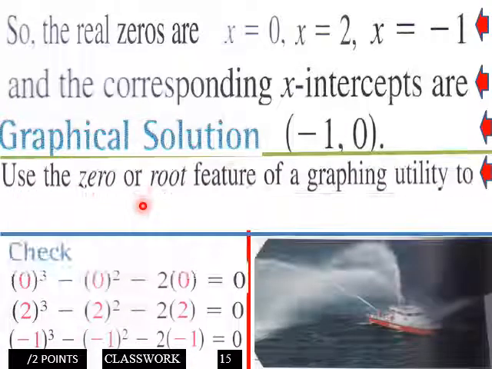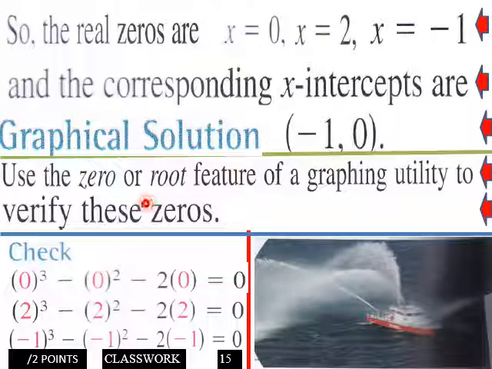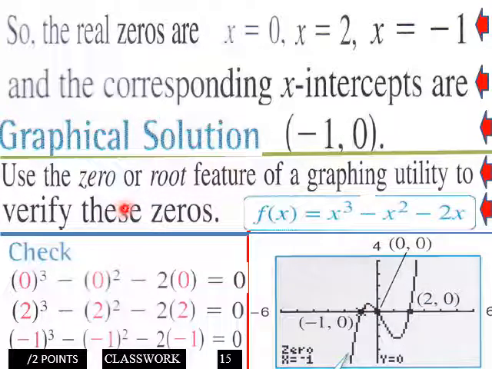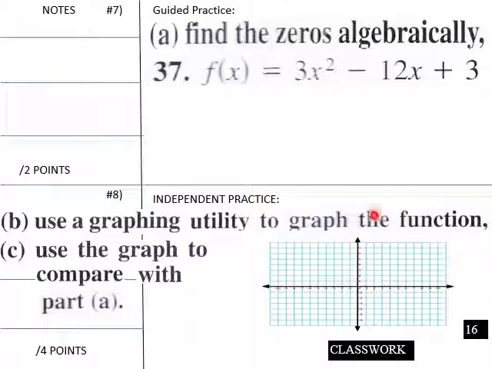So now the graphical solution: to solve it graphically, we use the zero or root feature of a graphing calculator to verify these zeros. When we do that, we come up with this graph here. And sure enough, these are our solutions, (-1, 0), (0, 0), and (2, 0). These are solutions for our function right here.